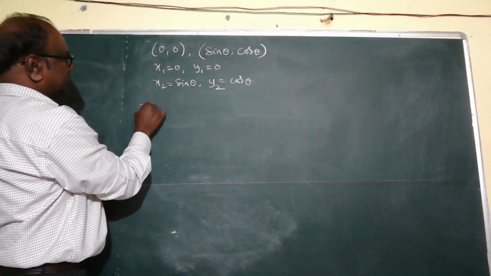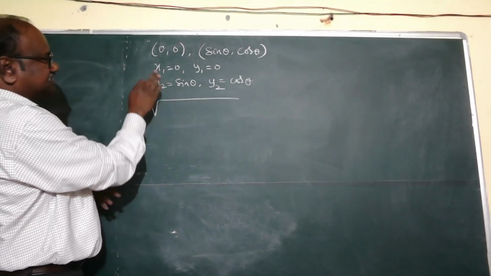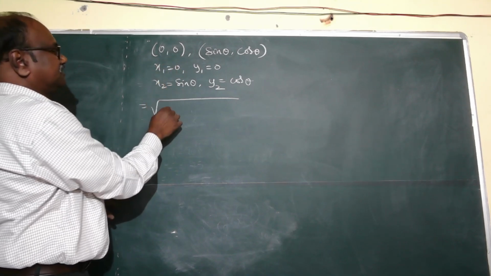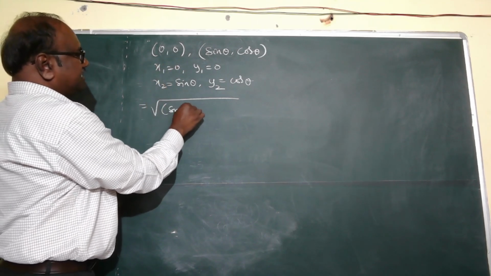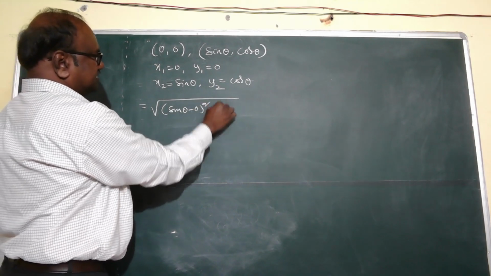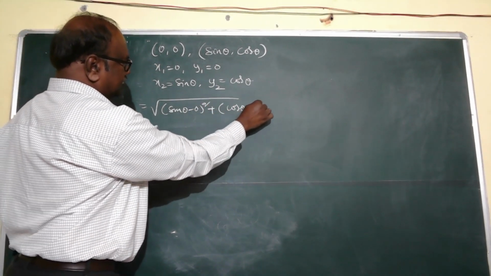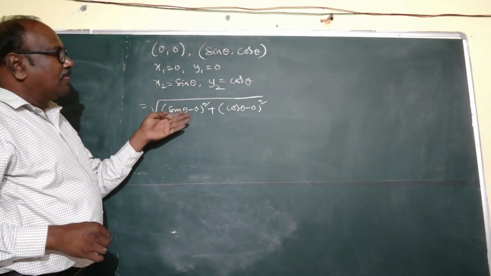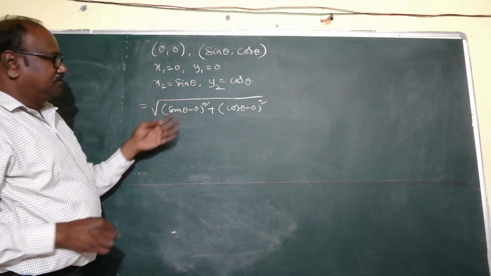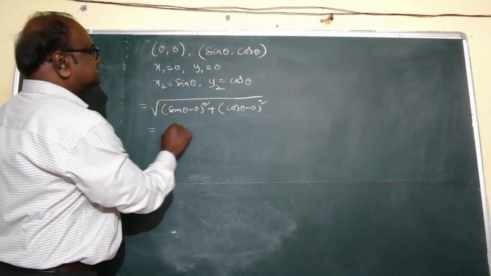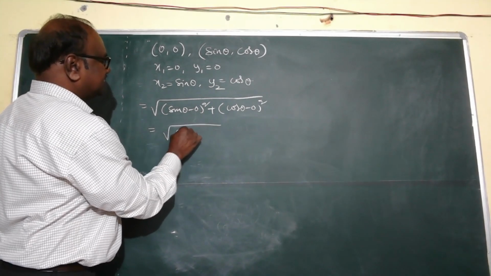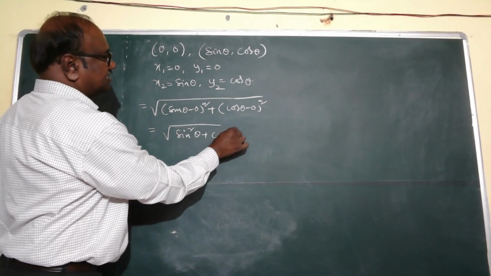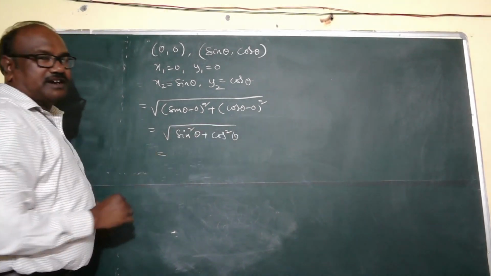Now according to our formula, under root x2 minus x1, or it is the origin, directly you can use anyone. Sin theta minus 0 whole square plus cos theta minus 0 whole square. In coordinate geometry we are using the ratios of trigonometry. Sin theta minus 0 is sin theta, that is sin square theta, plus cos theta minus 0 is cos square theta. We know the trigonometric identity.